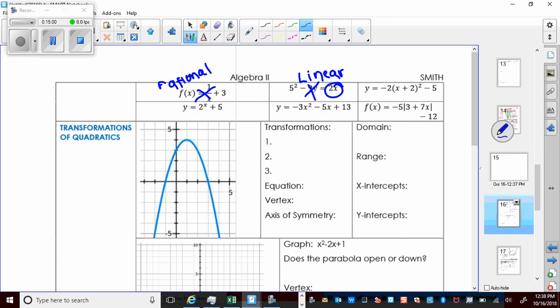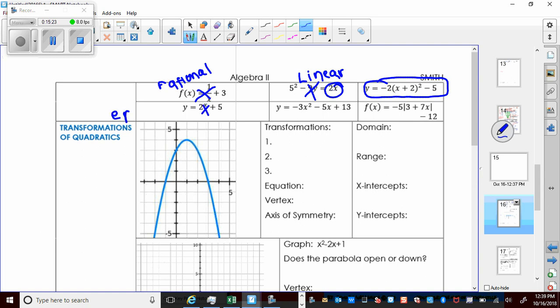What about the next one? Yes. Why? Because the x is squared in the parentheses. So yes. Put a little circle around this. This is a quadratic. What about this one? Is the x term squared? It's going to be on your test. No. This is an exponential.